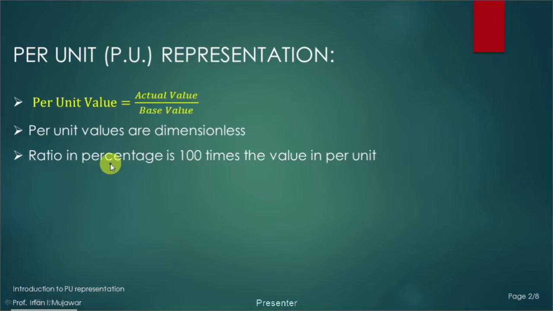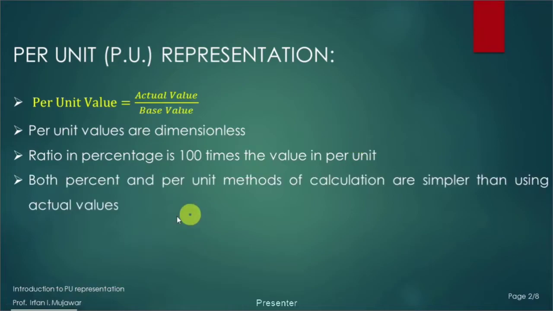There is one difference between per unit value and percentage value. So ratio in percentage is 100 times the value in per unit. For example, when we say 0.4 per unit, it means 40%. So 40 divided by 0.4, this ratio will come out as 100. So every percentage value is 100 times that of per unit value.